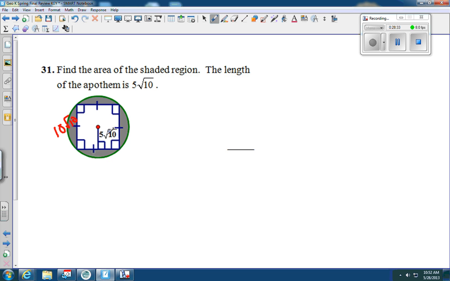Okay, right? Because if this is halfway, then this whole side is 10 square root of 10. And this side is 10 square root of 10. So the area of my square is 10 square root of 10 times 10 square root of 10, or 10 square root of 10 squared. So I get 100 times 10, right, which is 1,000.